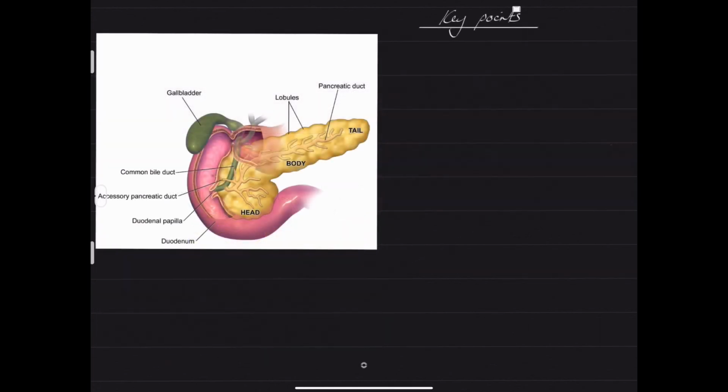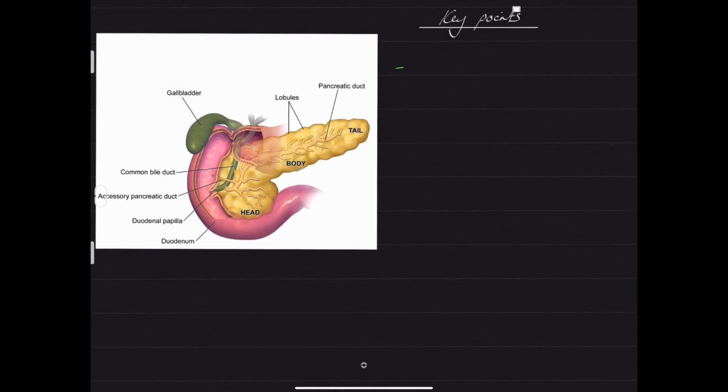So let's put a few points down for the role of bile and its relation to pancreatic enzymes. So first point is that bile is created in the liver.